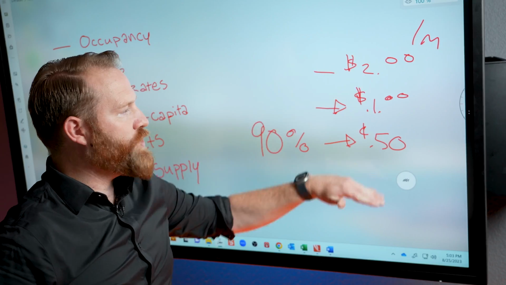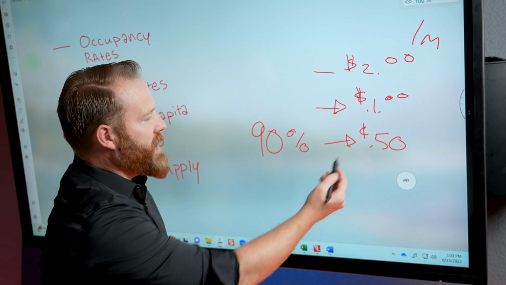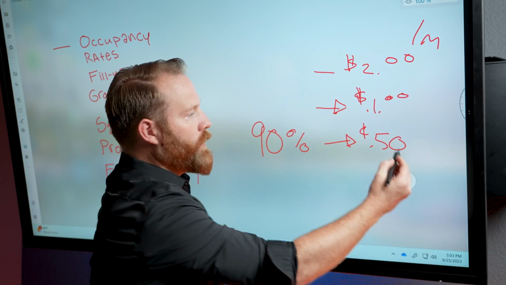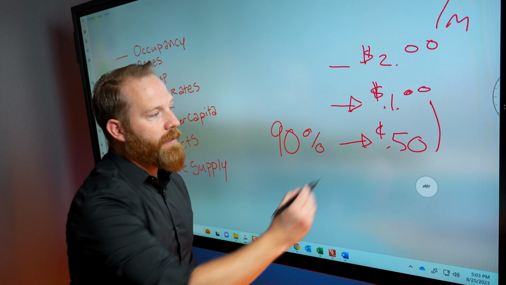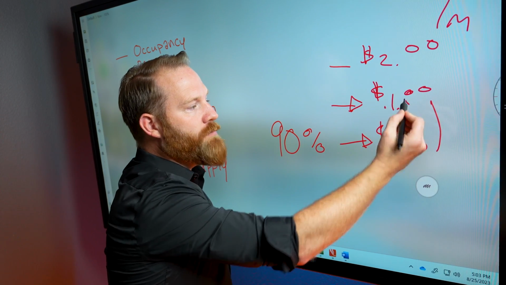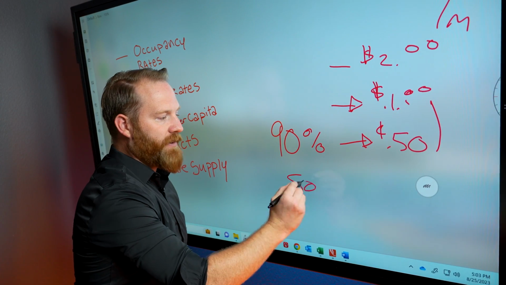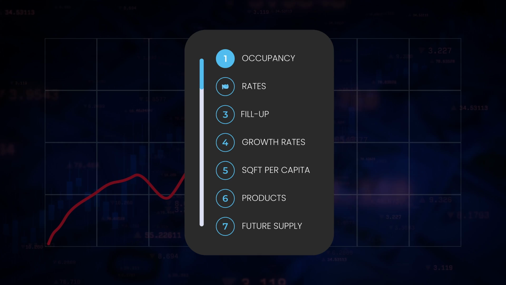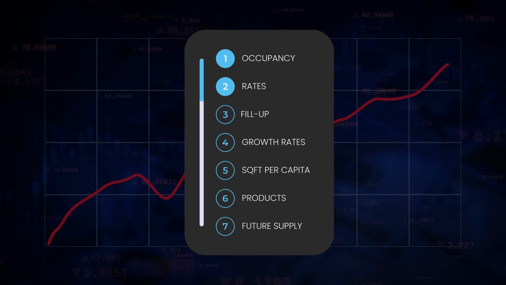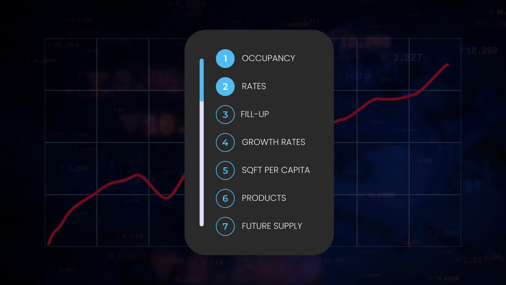Which one is high demand? How do you know? And if it's 90% full here and you move it to $1, are you going to drop to 50%? This is why rates are so important to understand demand when it comes to occupancy.